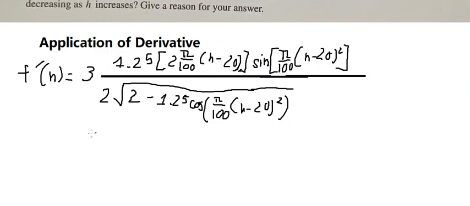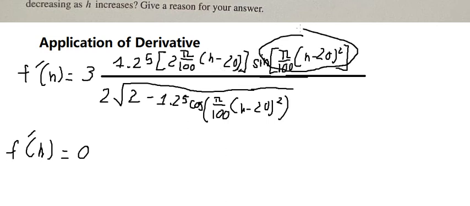Now we need to put first the derivative of the function equals to number 0. So we just have only this one and this one can equal to number 0. So I need to simplify like this.